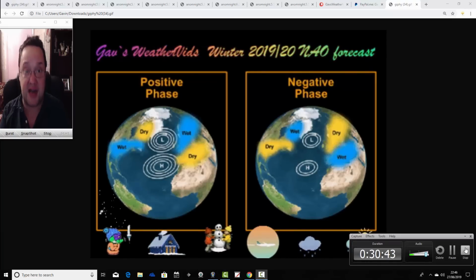So in the final analysis, the winter 2019-2020 NAO forecast is for a neutral to weakly negative NAO, possibly favouring a rather colder winter for the UK and Northern Europe for winter of 2019-2020.